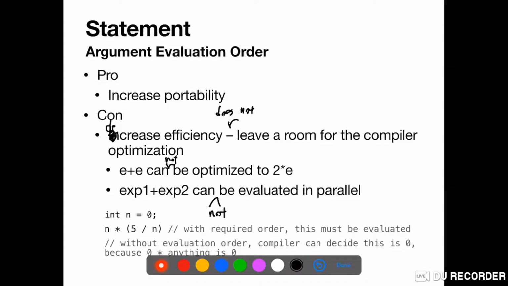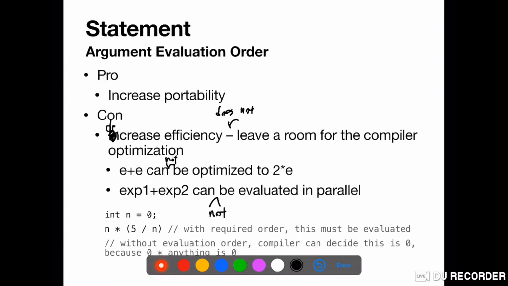Why? Like the first one, if you have expression plus expression, you cannot optimize it to 2 times e because it's strictly specified by the language that the first e should be evaluated before the second e.